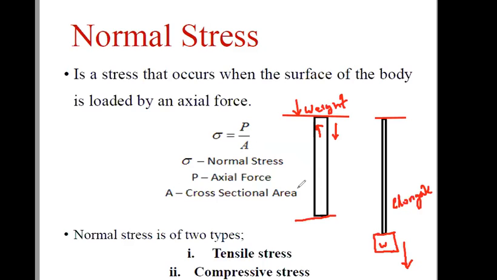Both the changes are along the length only, but in one case the force is compressive, and in the second case the force is expansive. Depending on the type of force, we have tensile stress and compressive stress. Tensile stress is when the length will increase, and compressive stress is when the length will decrease. As simple as that.